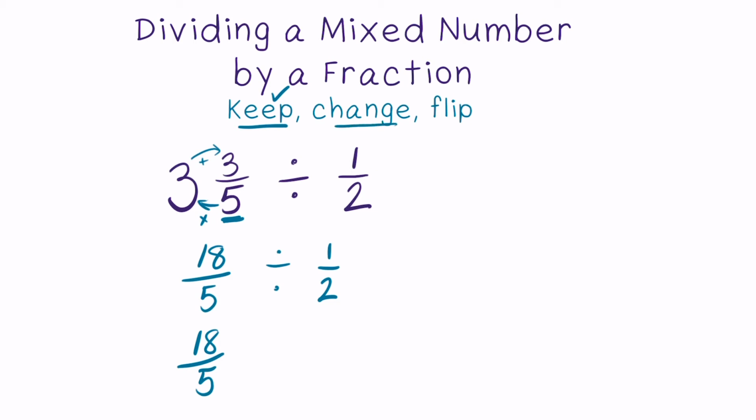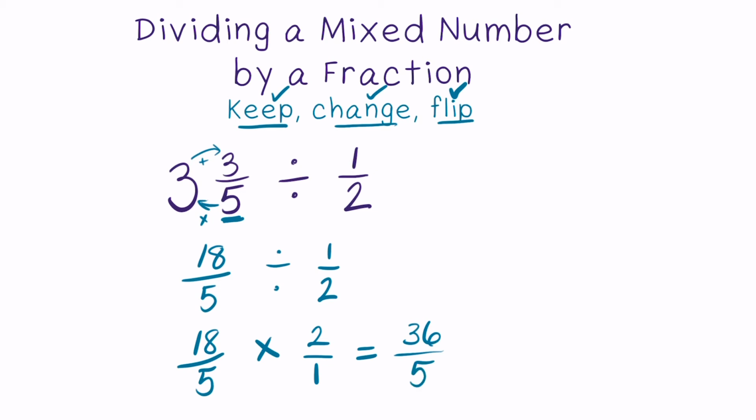Next, we'll change the operation of division to the opposite operation of multiplication. And finally, we will flip the fraction of 1/2 to its reciprocal of 2/1. Now that we've gone through those steps, we can go ahead and multiply across. 18 times 2 equals 36, and 5 times 1 equals 5.